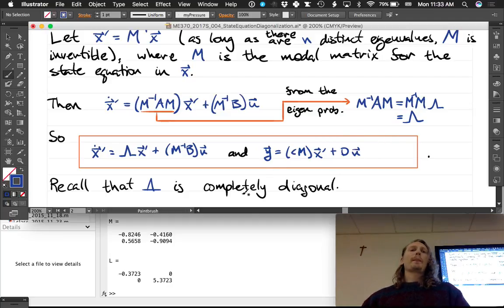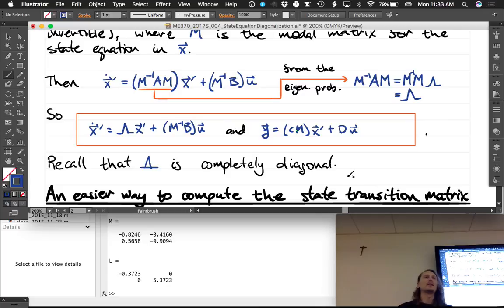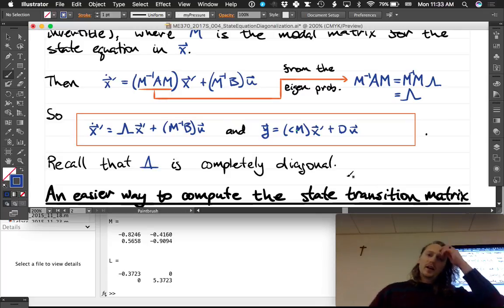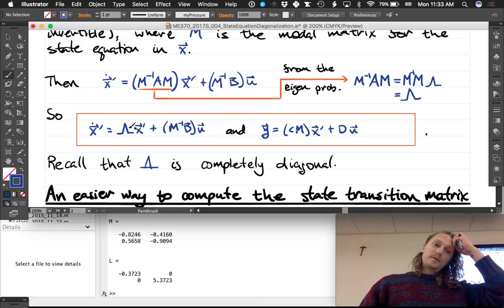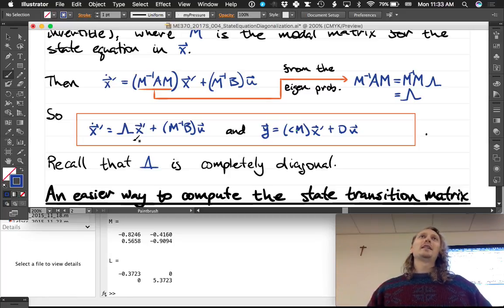Okay? So recall that lambda is completely diagonal. And so this is our diagonalized form of our state equation. I know the derivation might have been a little bit hard to follow, but what's nice is once we've done it now in class, we don't have to do it again every problem.